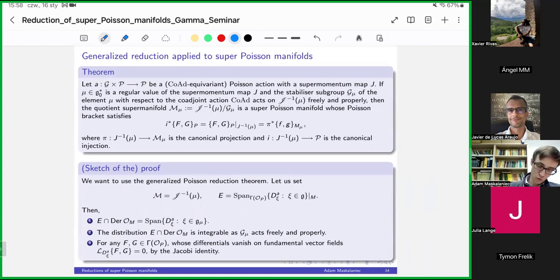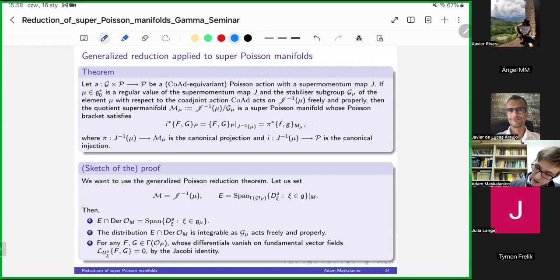So suppose we are given an action A on the super Poisson manifold P together with a supermomentum map J. If we are given a regular value of this supermomentum map and the stabilizer subgroup of the element μ with respect to the coadjoint action acts on the fiber of this morphism freely and properly, then the quotient supermanifold is a super Poisson manifold, and this has those nice properties written down here.